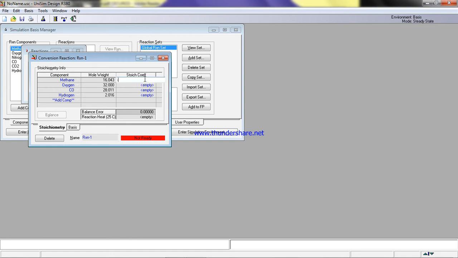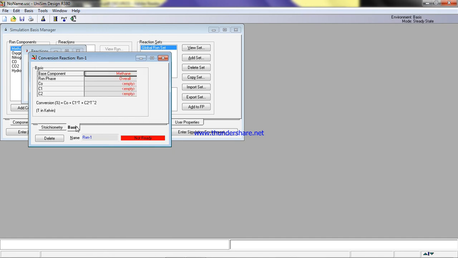So -1 for methane, minus 0.5 for oxygen, and then 1 for carbon monoxide, 2 for hydrogen. Okay, so by the time you do that, if the equation is balanced, you see balance error here 0. It will zero out.